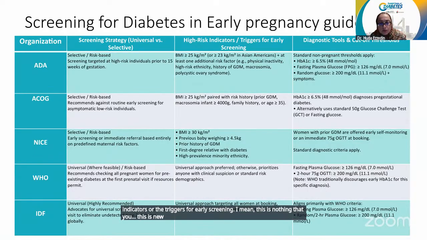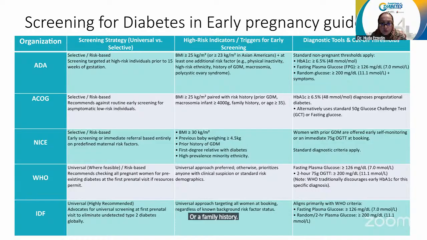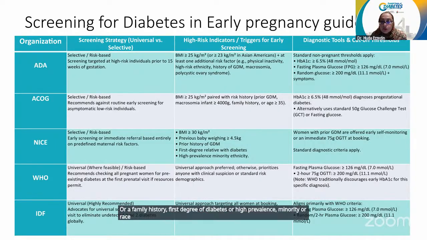We're talking about a BMI above 25 or 30 kilograms per square meter, or a first-degree family history of diabetes, or high prevalence minority or race. And then the tool that is used also sometimes differs.